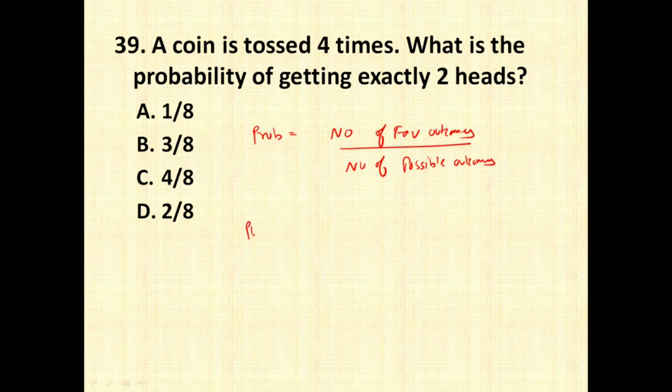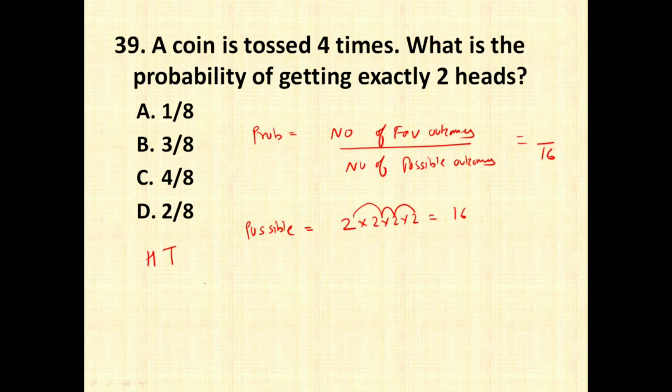In this case, possible outcomes are 2 into 2 into 2 into 2. That is, 4 times you are tossing a coin, and every time you toss it may be either head or tail. So 4 times 2, or 2 to the power of 4. So it will be 2 into 2 is 4, 4 twos are 8, 8 twos are 16. So there are a total of 16 possible outcomes.